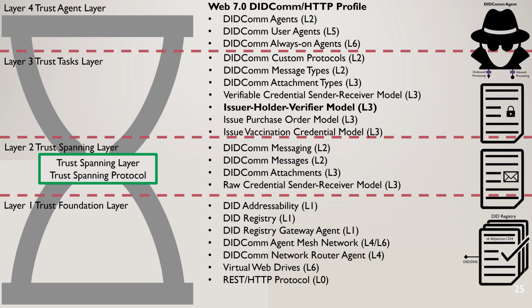The issuer-holder-verifier model there in bold is a derivation, a specialization of the verifiable credential sender receiver model. The verifiable credential sender receiver model, in turn, is a specialization or derivation of the raw credential sender receiver model in layer 2 of the trust spanning layer framework.